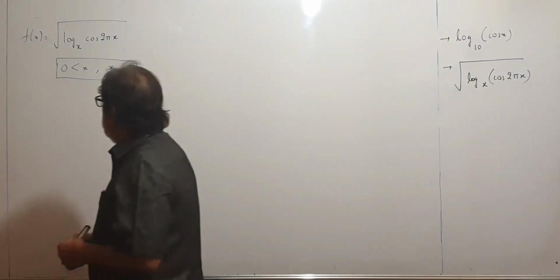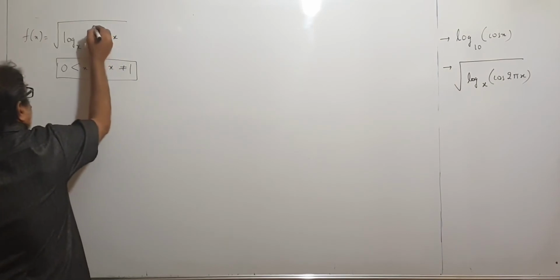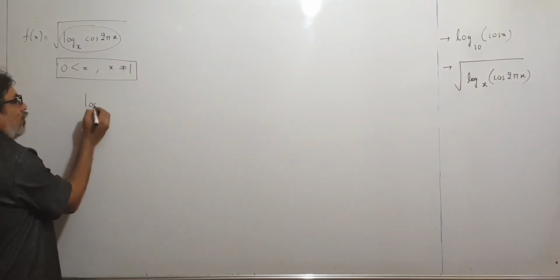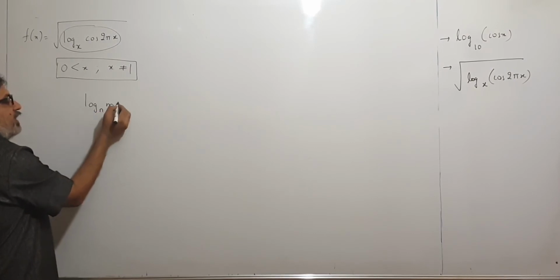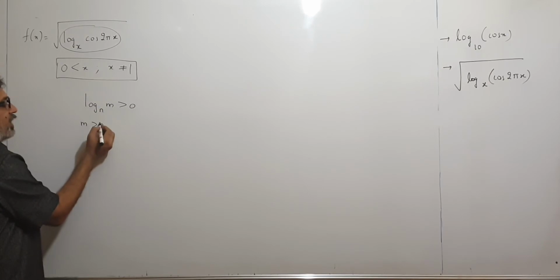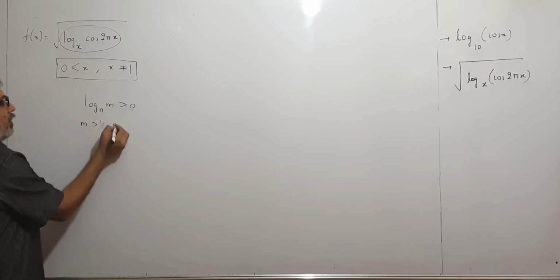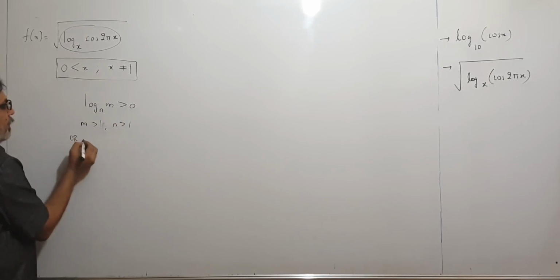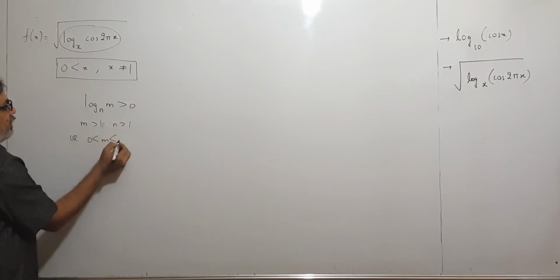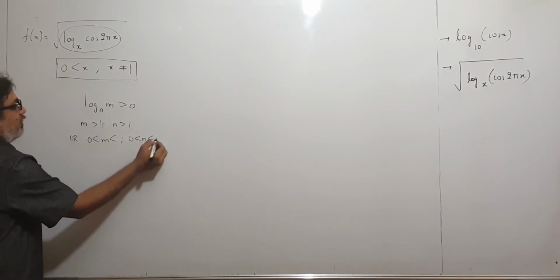Now children, remember, I told you that log of any quantity, say log of m to the base n, will be greater than 0 only when m is greater than 1 and n is greater than 1, or 0 is less than m less than 1 and 0 is less than n less than 1.